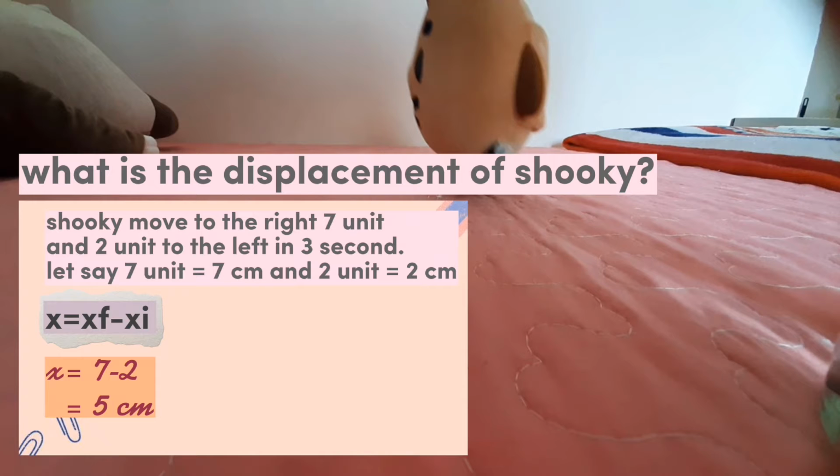So, let's say 7 units is equal to 7 cm and 2 units is 2 cm. The question is, what is the displacement of Shuki? So, we use the formula final position minus initial position. Then, we substitute the values to the formula. So, 7 minus 2 equal to 5 cm.